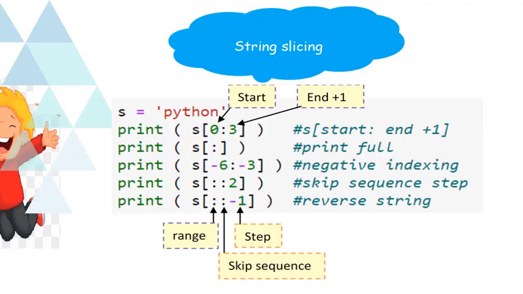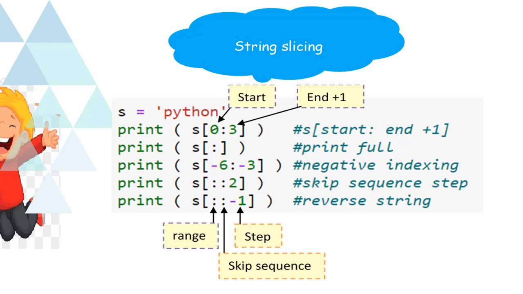Let's understand string slicing. s is equal to the Python string that has been defined. The first print statement is printing with slicing from index 0 to index 3. So the 0th index, which is p, up to 3 minus 1, which is 2. So PYT will get printed.